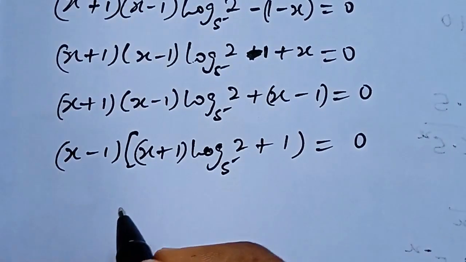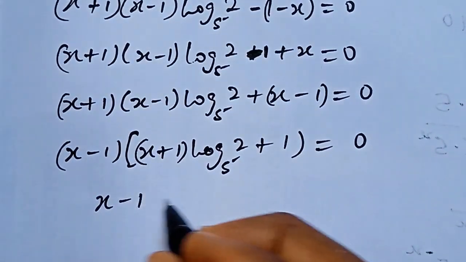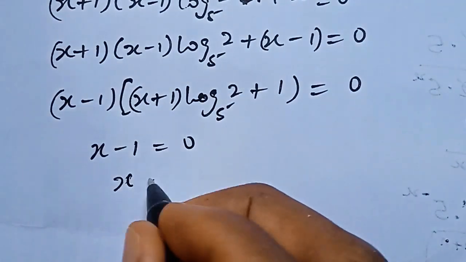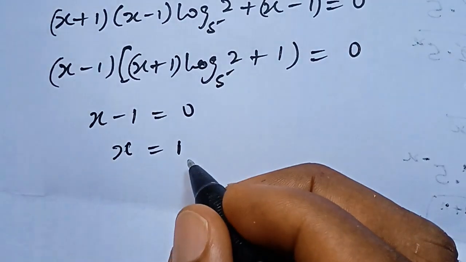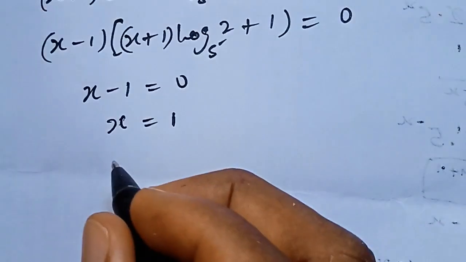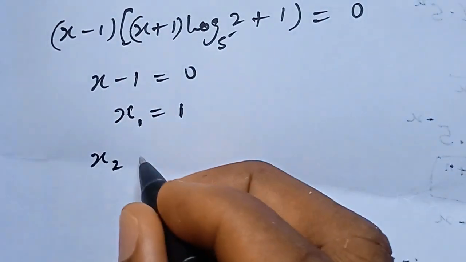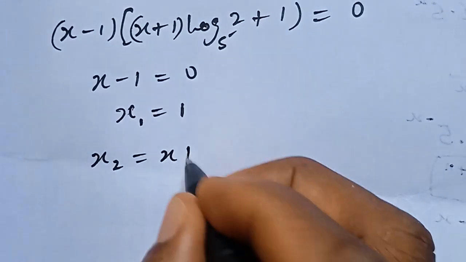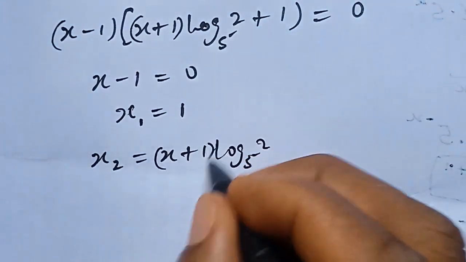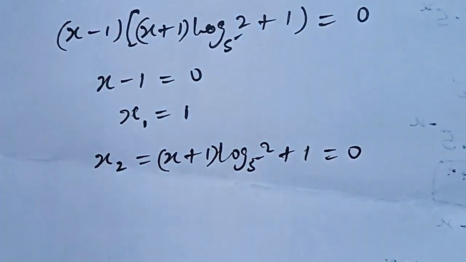Then from here we can say for the first value of x, x minus 1 equals 0, and x will be equal to 1 for the first value of x. For the second value of x, this will be called x1. So we have, that will be x2, and that will be x plus 1 log base 5 of 2, okay, plus 1 all equal to 0.